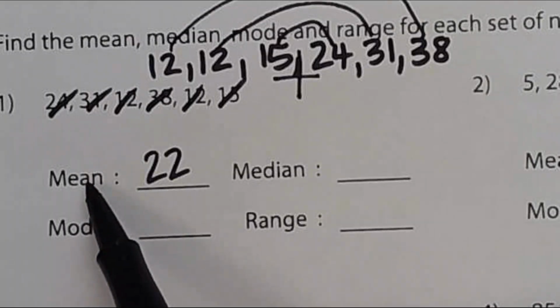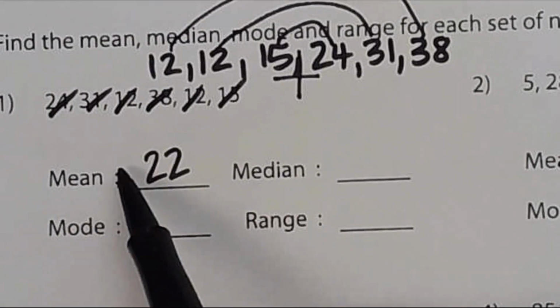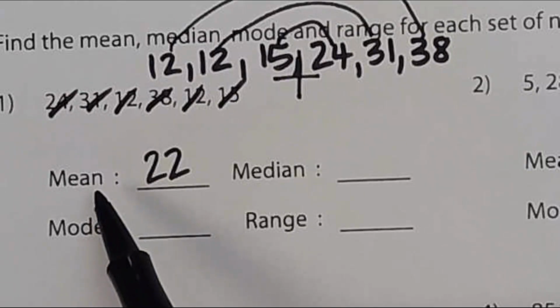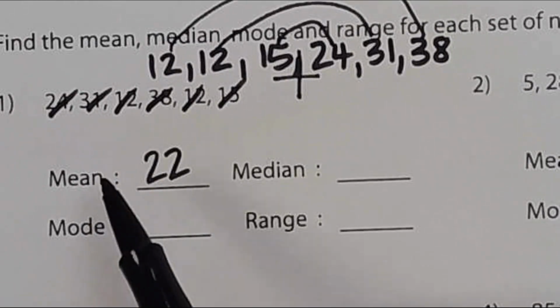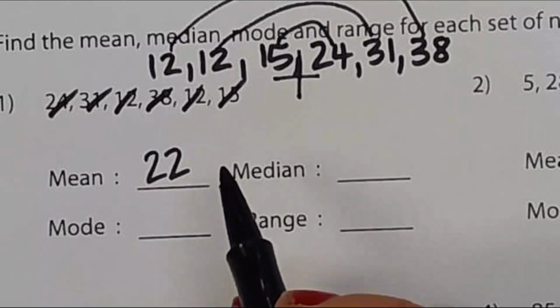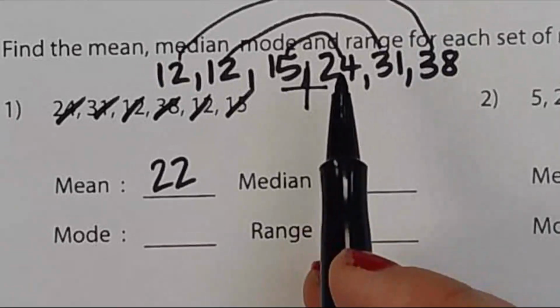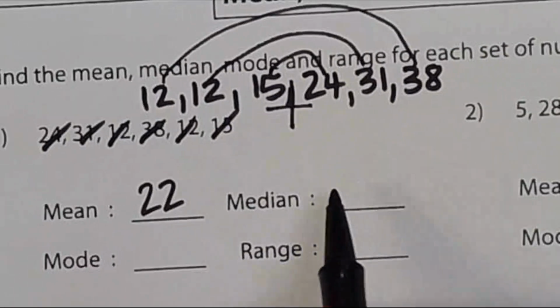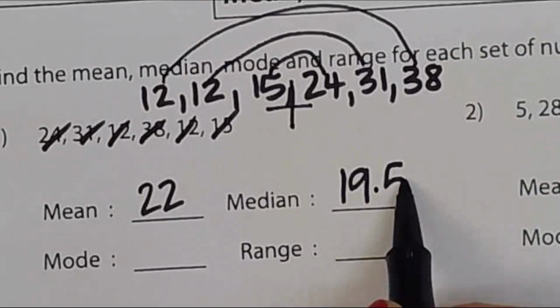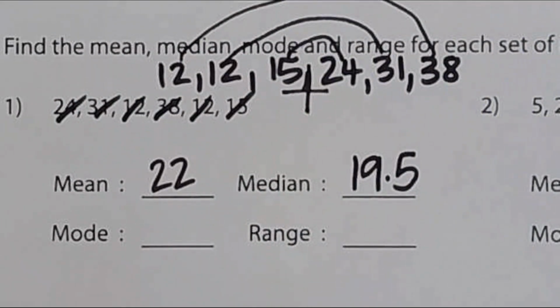But when we're finding the mean over here of the data set, do we always divide by 2? No, we divide by the amount of numbers. So again, this is why we had homework and why we're going over it. So 15 plus 24 divided by 2, you should get 19.5. Did everybody get that? Okay.